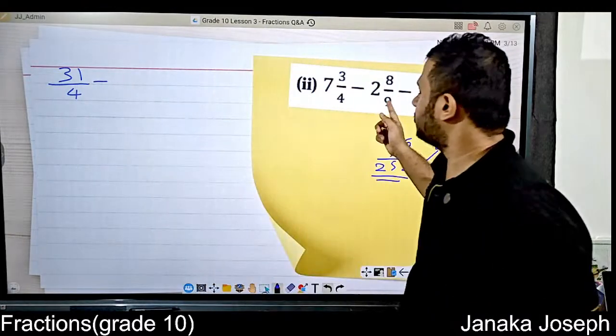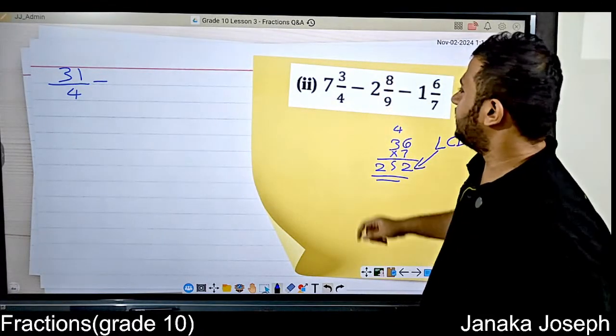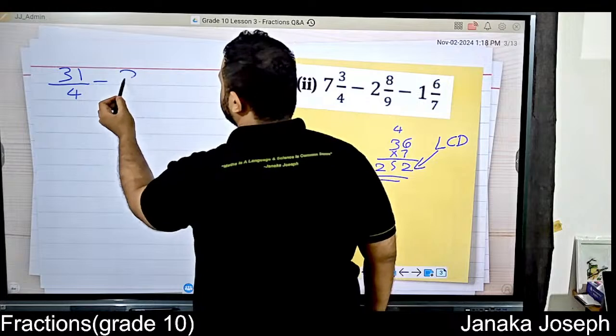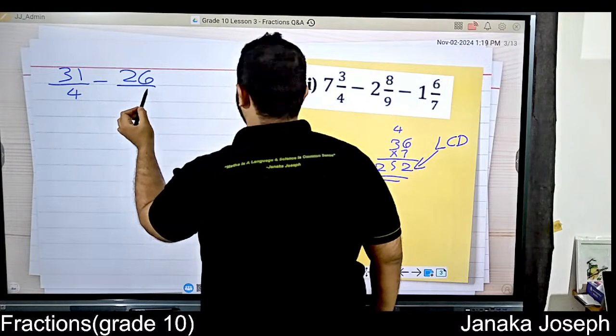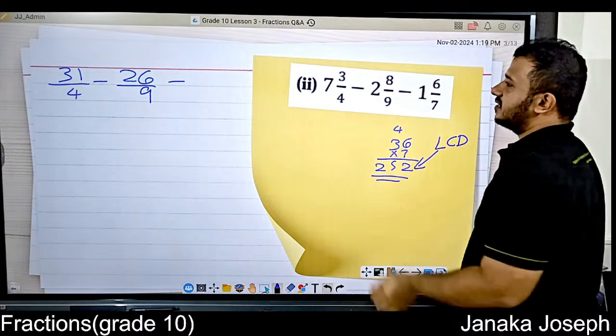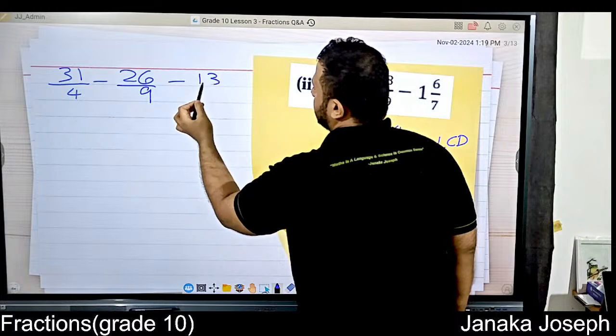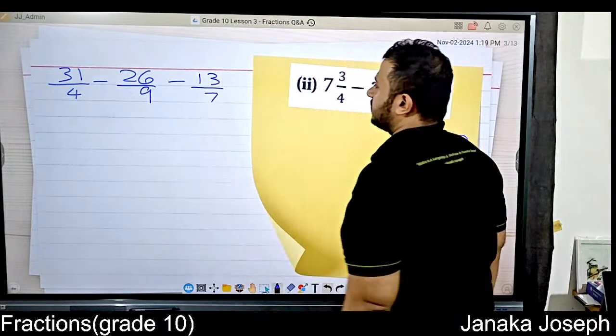Then we got 9 times 2, that's 18. 18 with an 8, 26 out of 9, minus 7 times 1 is 7. 7 plus 6, that's 13 out of 7.